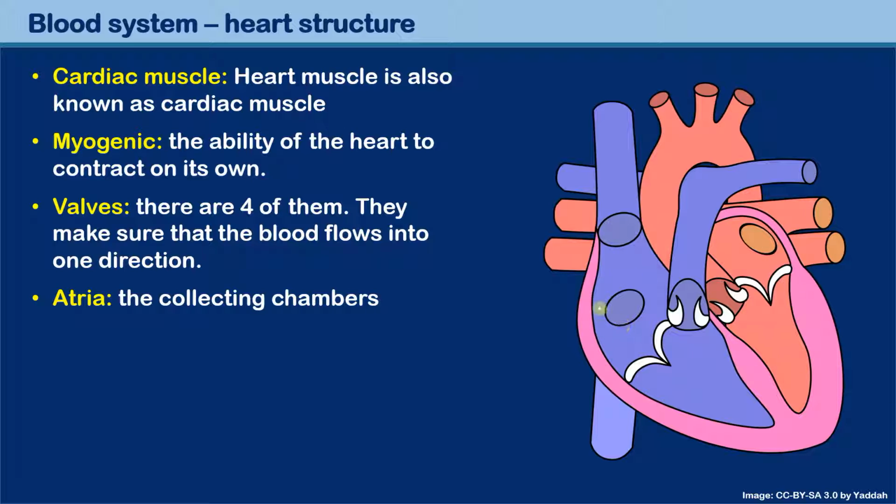They're called collecting chambers because the blood flowing down collects first in the atria. Blood from down here goes up and collects in here, and over here blood flowing through these blood vessels also collects in the atria. So atria is plural, atrium is singular.